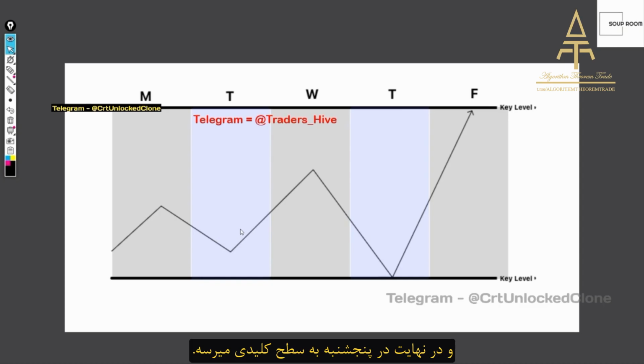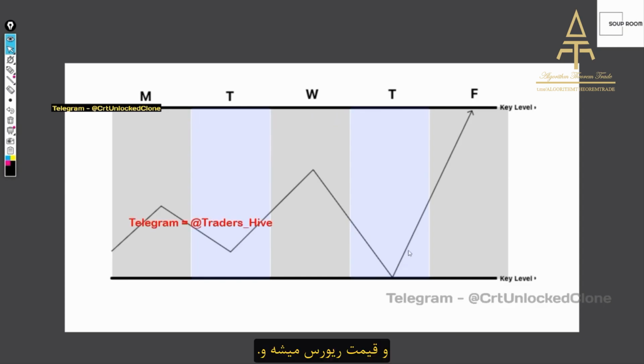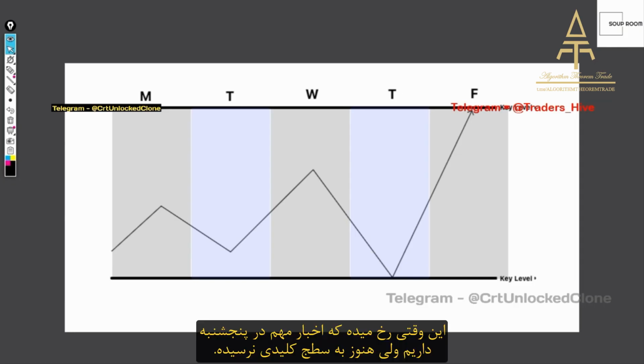On Thursday, we hit the higher time frame key level. It's finally tested, and so price decides to reverse up and finally end up drawing towards the opposing draw on liquidity. Of course, that would be hit on Friday. Weeks like this can form when Thursday has high impact news and the key level was not yet hit.